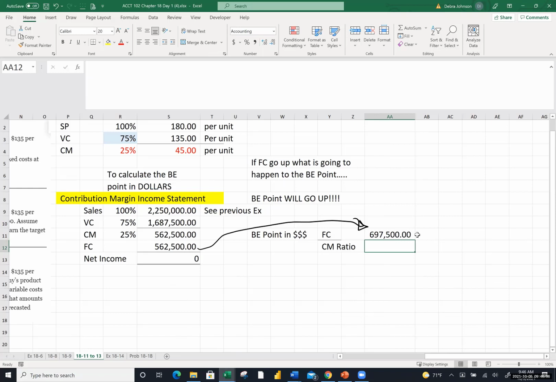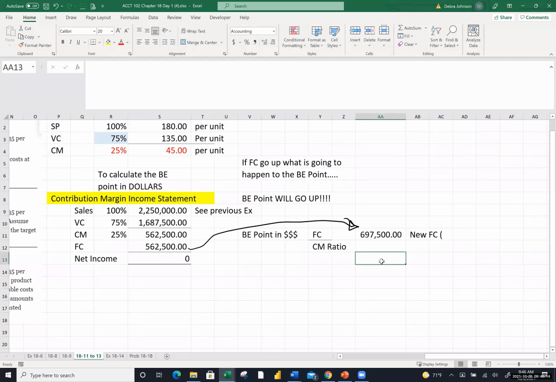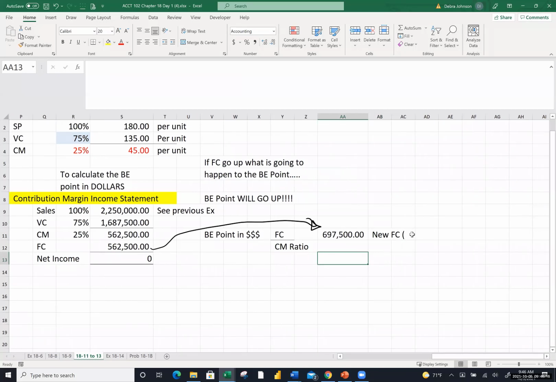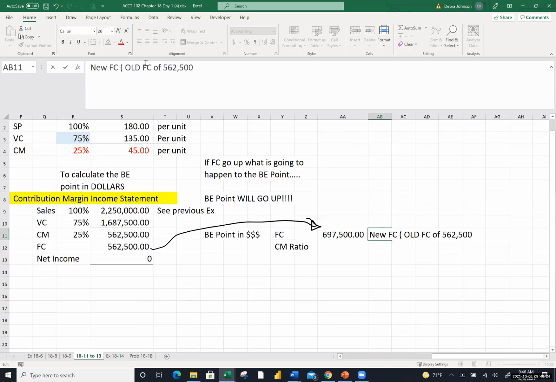So now here's my new fixed costs. I'll write down how I got that in case that went too fast for any of you. That was my old fixed costs, plus the new fixed costs. And I'll go fix my spelling error.